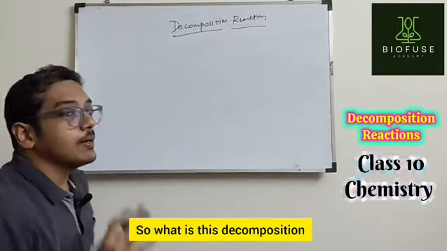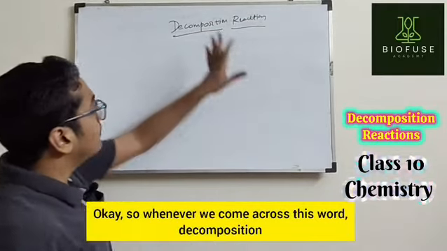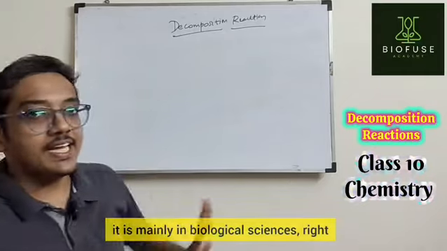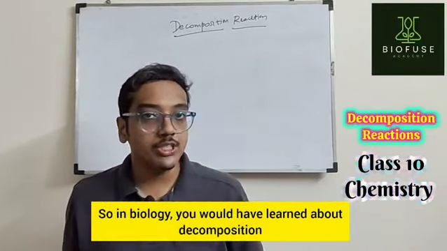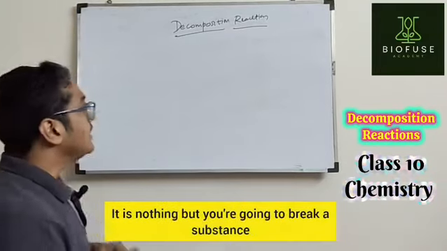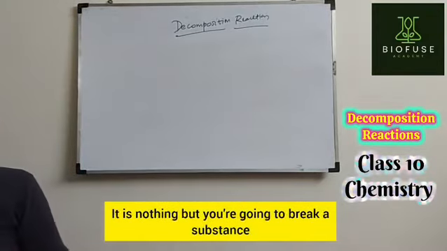So what is this decomposition? Whenever we come across this word, it is mainly in biological sciences. In biology, you would have learned about decomposition. It is nothing but breaking a substance.